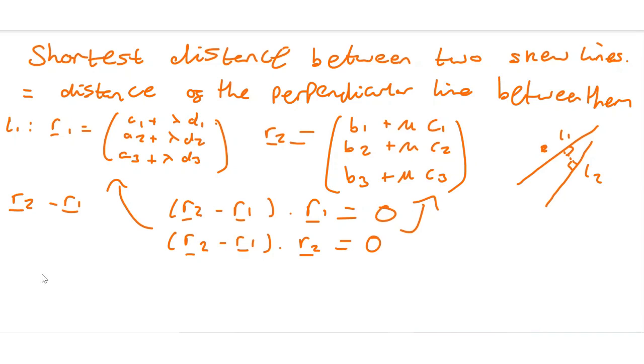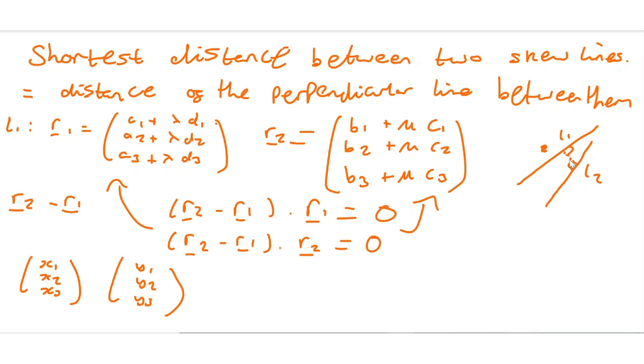So these points could say be x1, x2, x3, and y1, y2, y3. Now we've found those points on the line. We just have to find the distance between these 2 points, okay?